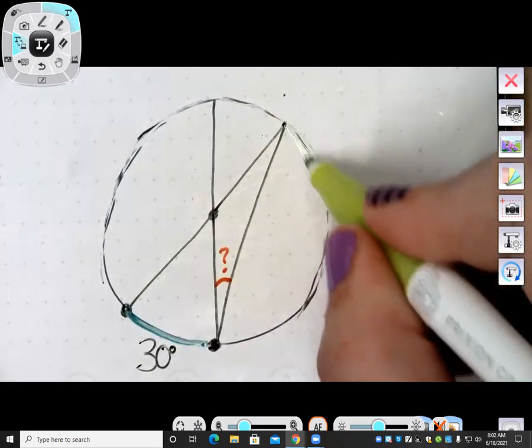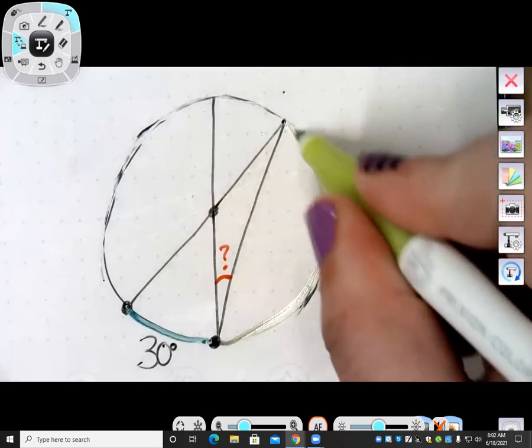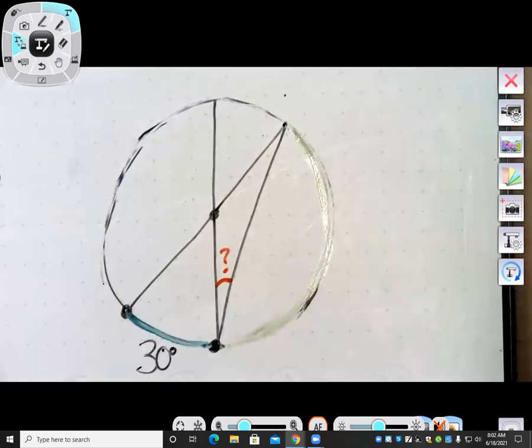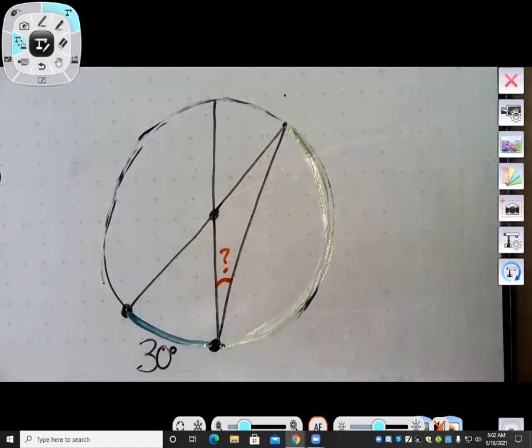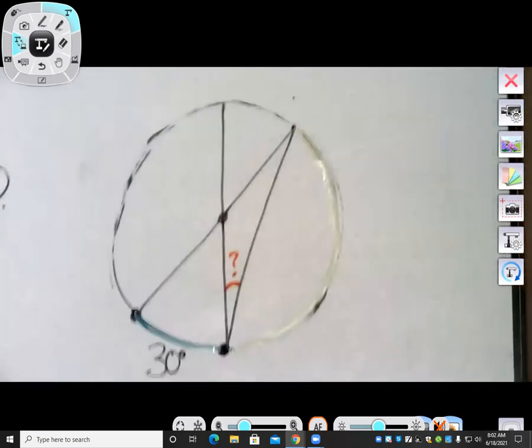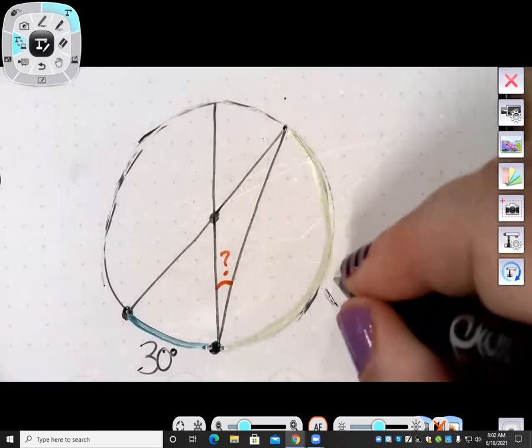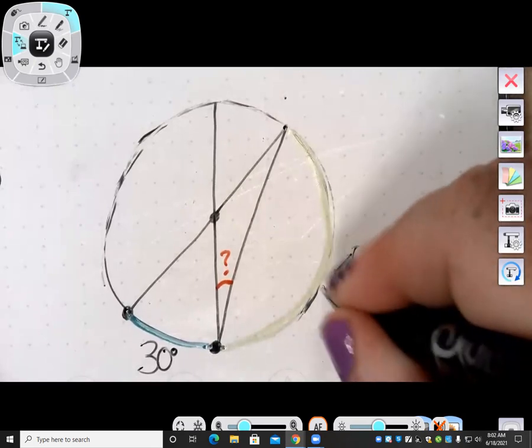So that means that this whole arc, these two together, 30 and this one that I'm trying to put in green, that's got to be 180. That's not really showing up very well, is it? Can you tell that it's green? So this is 150.